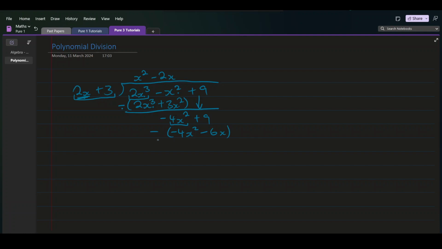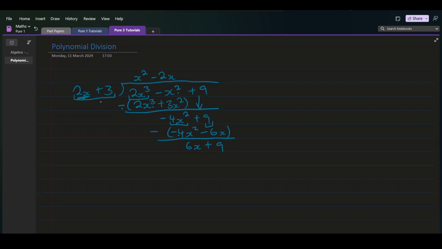And so if you subtract now, that's 4x squared minus 4x squared, so that cancels out, and then we've got this minus 6, which gives us a positive 6, and then we've got the 9 over here, so that's plus 9. Again, we keep going.